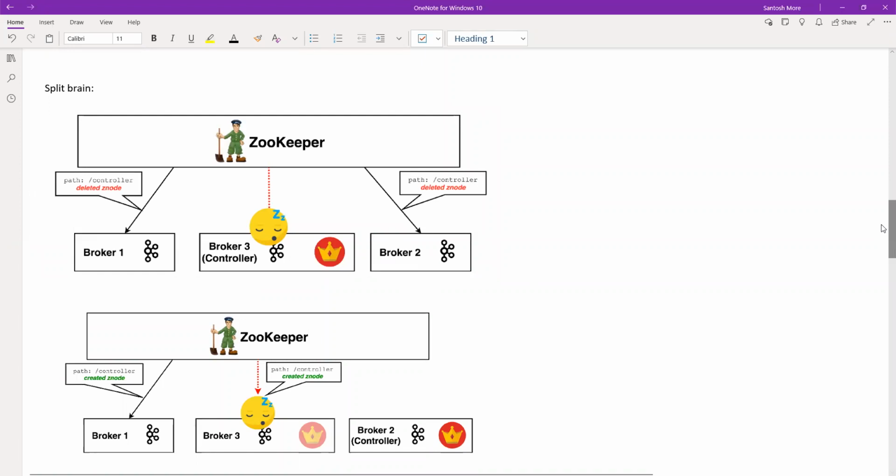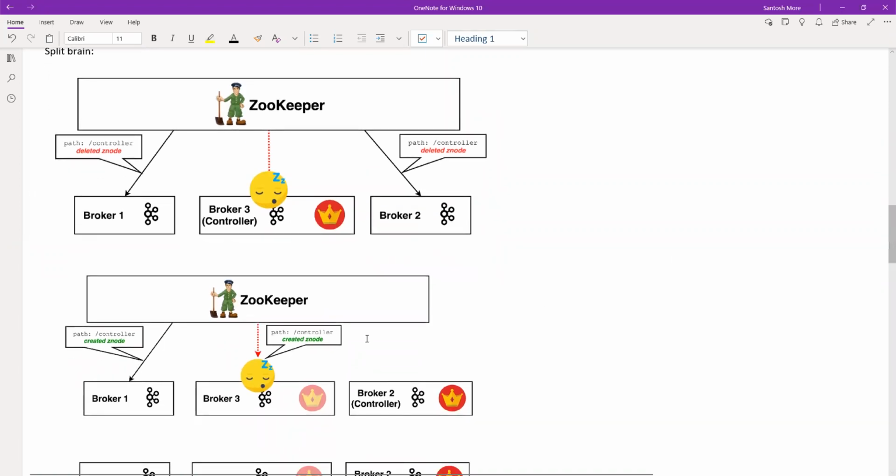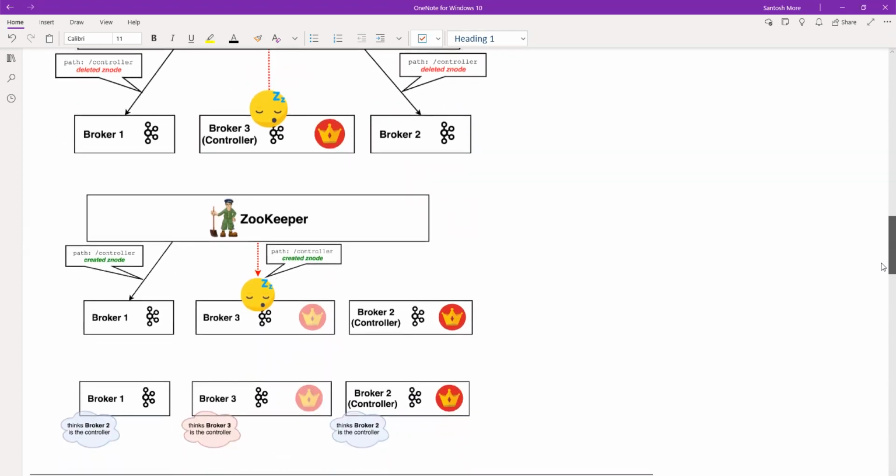What will happen is, because that was configured in this slash controller path in Zookeeper, the session will be terminated. So now every broker will try to write to this controller path again, to acquire it and become the controller.